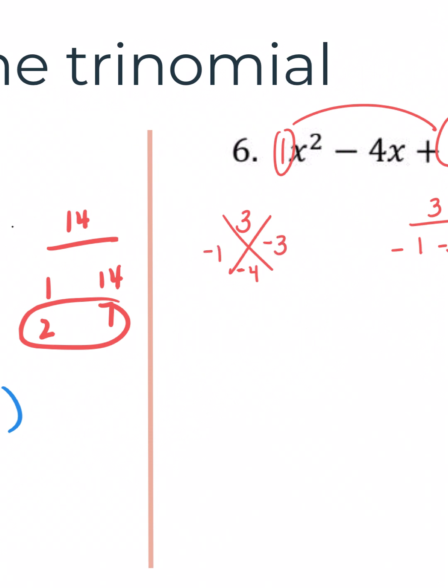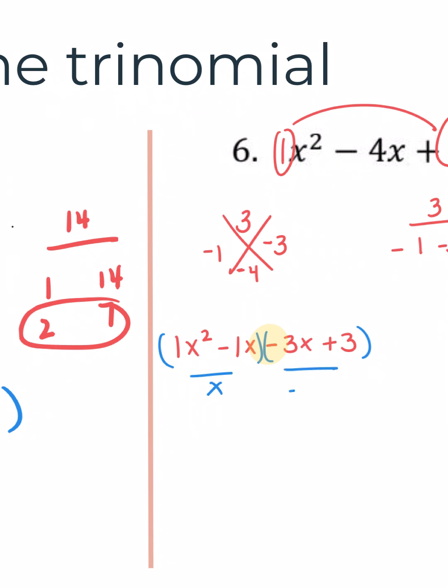I'm going to rewrite these. So 1x squared minus 1x minus 3x plus 3. And group those and group these. 1x squared and 1x both have an x in common. When I look at the second piece, I notice that I have a negative right here, so I'm going to go ahead and take a negative out right away.